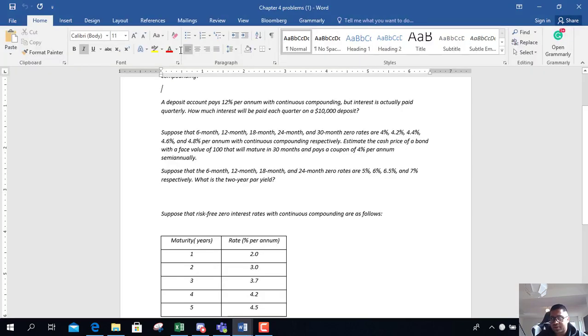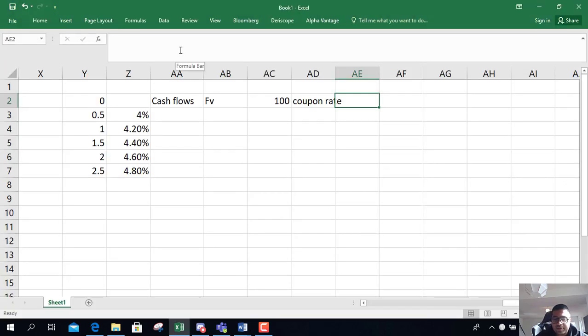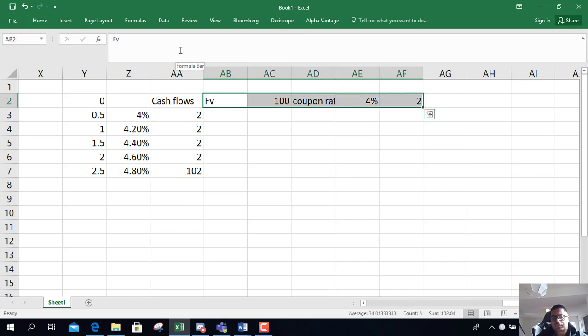The coupon rate was 4% per annum, but it is paid semi-annually. So coupon payments are 4% into face value divided by 2 because it's paid semi-annually. So cash flows are $2 here, $2 here, $2 here, $2 here and $102 here. I'll just move this here.